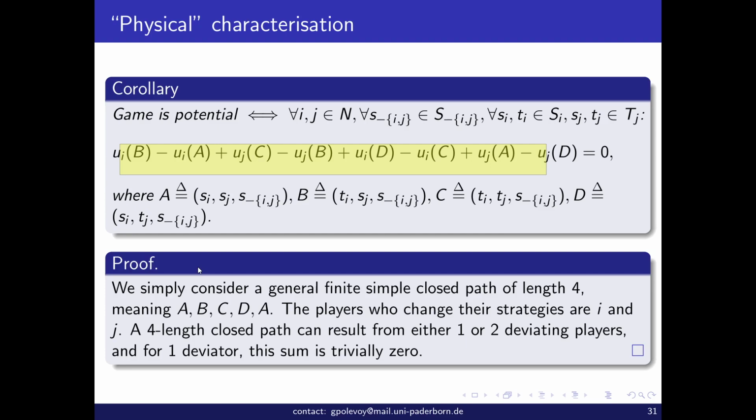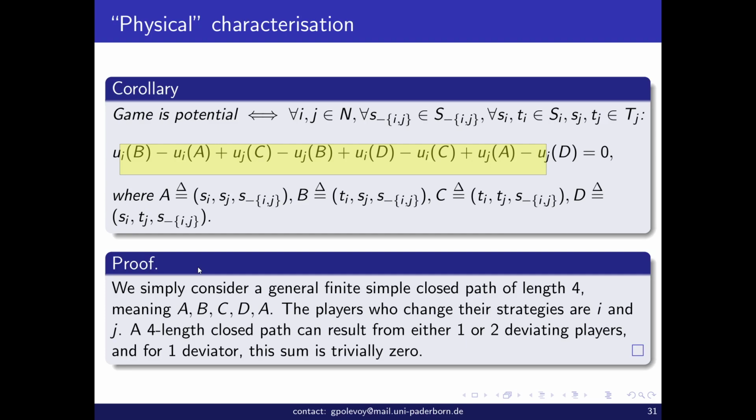Of course, a four-length closed path can result not from a single but also from two deviating players. But if it's only one deviator, then the sum of the utilities of the deviator along the path will be 0 trivially. So the only condition which we need to write is what happens when we have two different deviators.